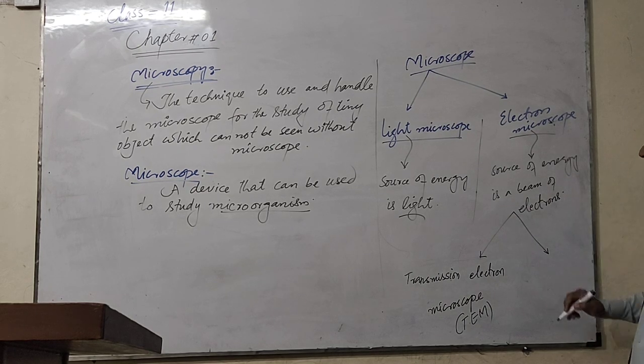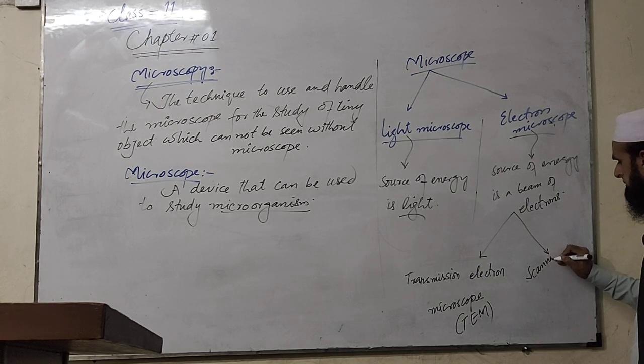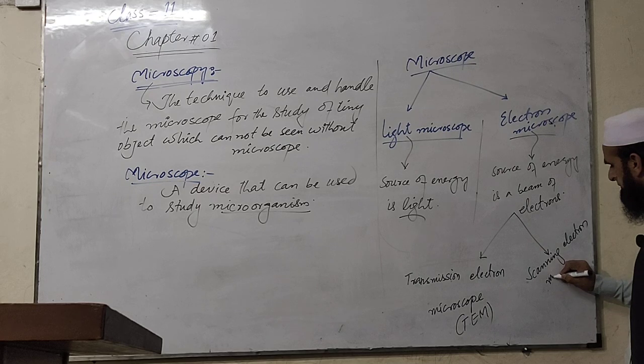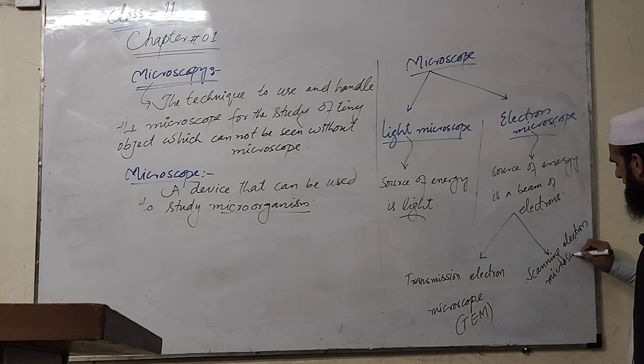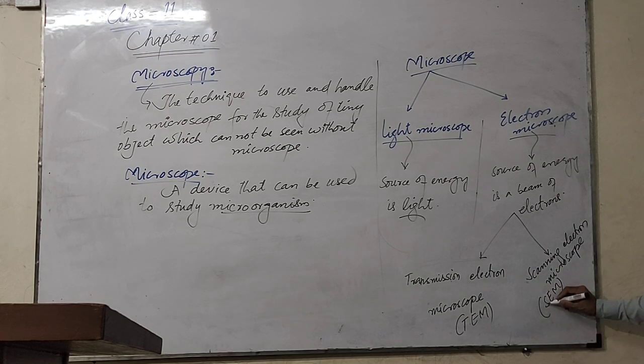The second type of the electron microscope is the scanning electron microscope, abbreviated as SEM, S-E-M. The scanning electron microscope is the kind of electron microscope with the help of which we are able to study the organism three-dimensionally.